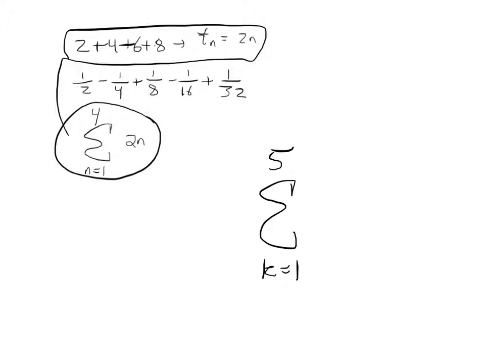The way that I can generate that for my nth term is I know that if I have -1 raised to some power, then if I plug in 1, I get a negative. If I plug in 2, I get a positive. If I plug in any odd-numbered input for my exponent, I'm going to get a negative number. If I plug in an even number, I'm going to get a positive number. So odd, negative, even, positive.